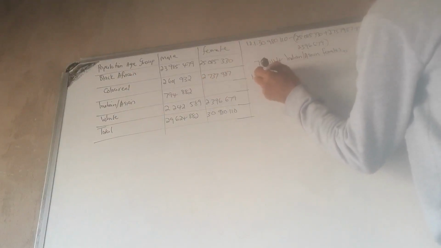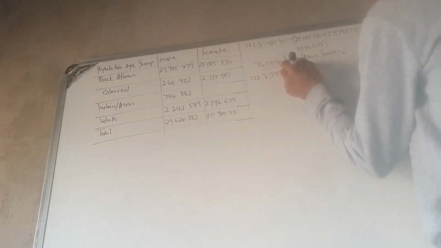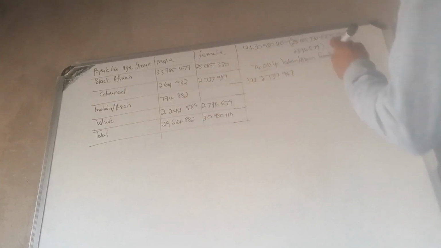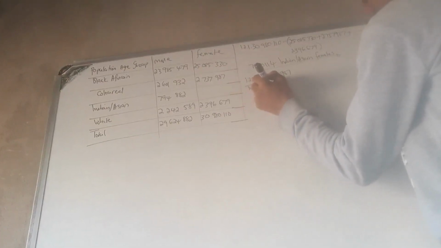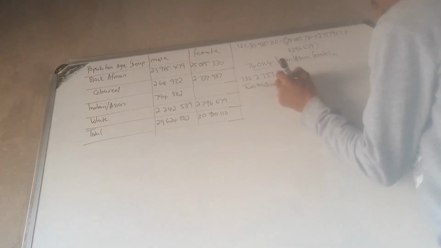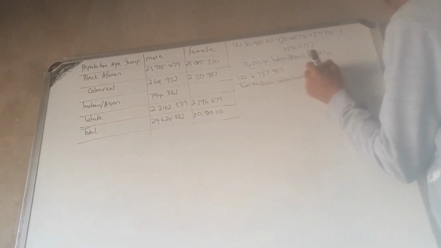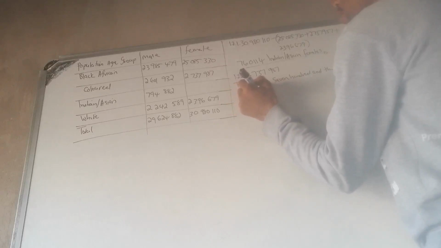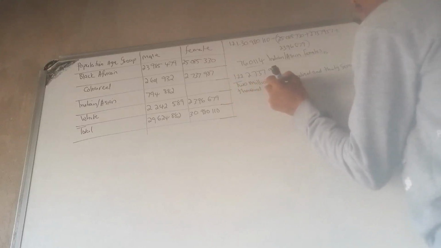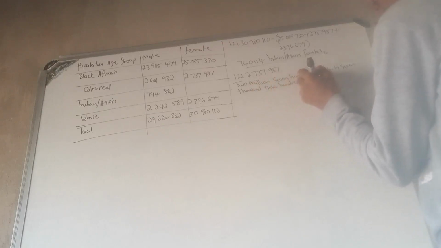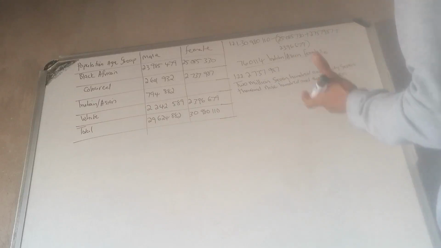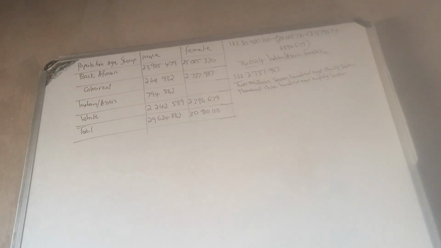They want us to write this number, 2,737,987, in words. That's the number in words.